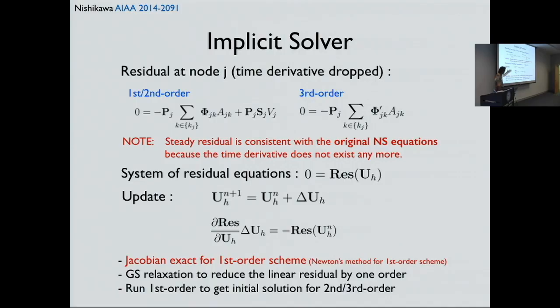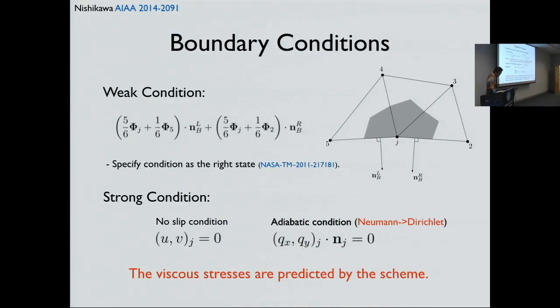And to solve this linear system, I just use, for simplicity, Gauss-Seidel relaxation. And I just reduce the linear residual by one order, and then I can move on. And for the second and third order scheme, I typically run first order scheme to get some good initial solution. This is very fast. In the convergence plot, you will not see any data for the first order run.